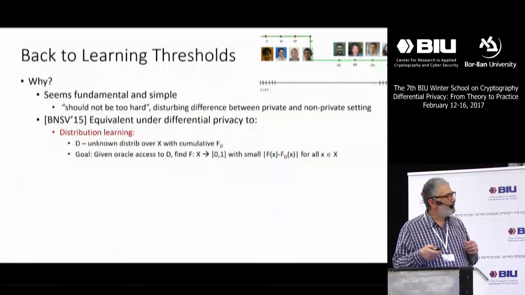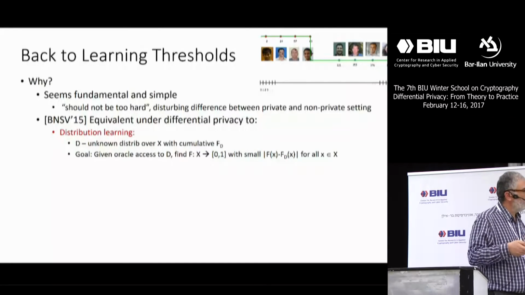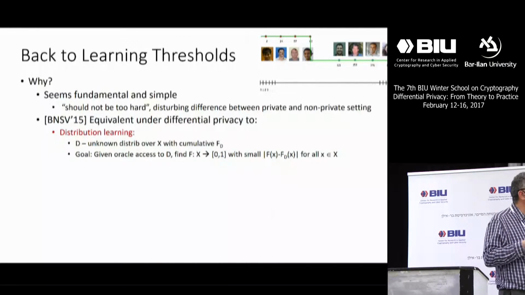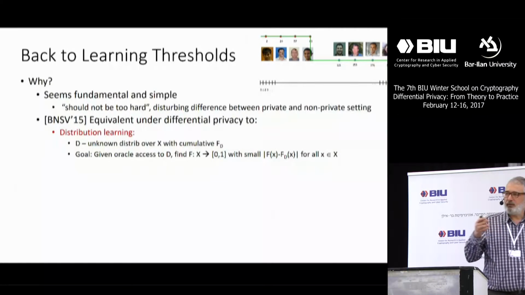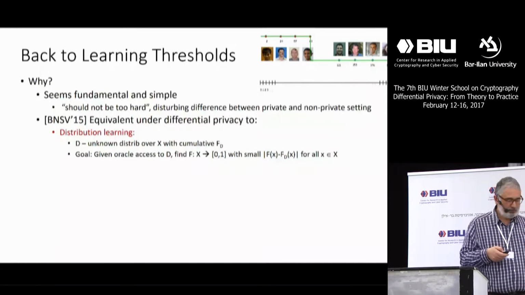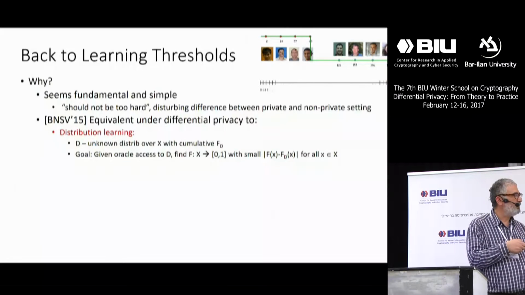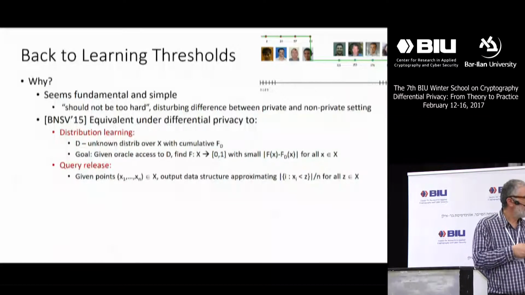And furthermore, they are equivalent to some other stuff, like distribution learning. This is the problem of answering all threshold functions simultaneously. So we discussed this question when I spoke about the binary tree algorithm. It's exactly the same problem, but here we're looking at it with epsilon delta differential privacy.